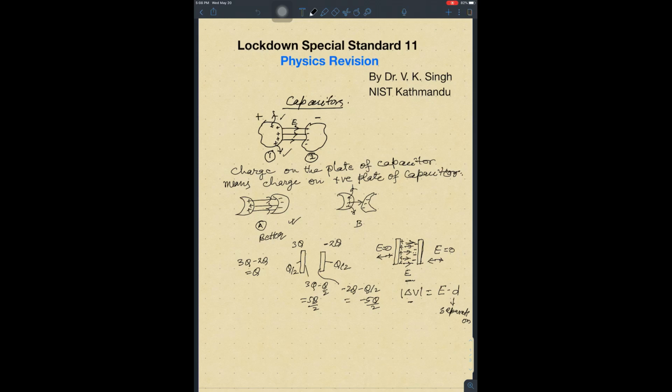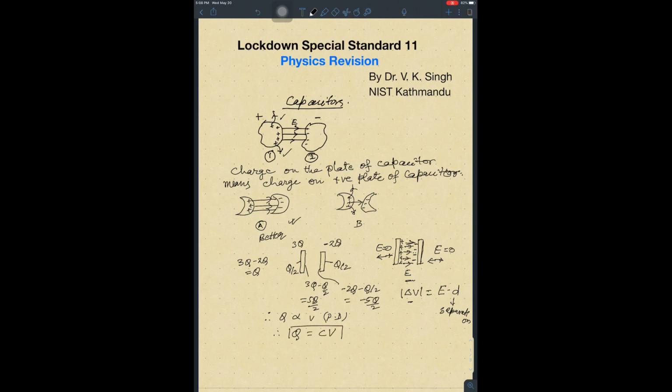We know that whenever charge is given to a conductor, its potential rises, or the potential difference increases. So we can say Q is proportional to V, where V is the potential difference between the plates of the conductor. Therefore, Q is equal to CV.